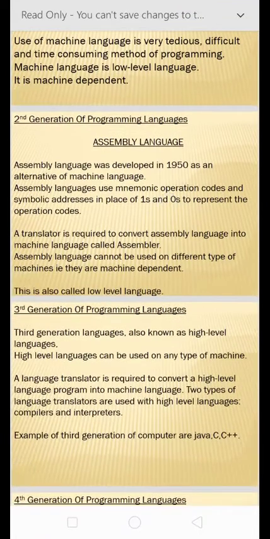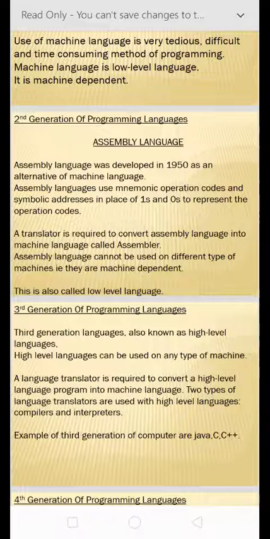The second generation of programming language was assembly language. This language also belongs to the category of low-level programming languages. They use an assembler as a translator to convert assembly language into machine language.